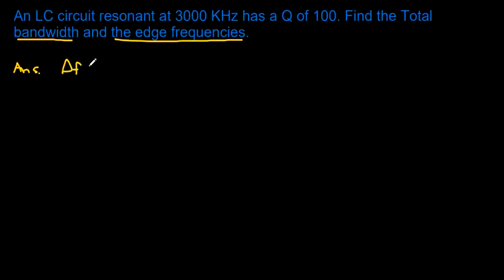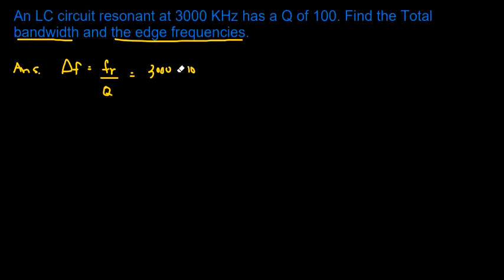So, sa bandwidth natin, again, ang formula is equal siya sa resonant frequency over yung ating Q. Okay? So, ang FR natin dito is LC circuit resonant at 3000 kHz. Okay, so yan yung ating resonant dyan. So, 3000 kilohertz.